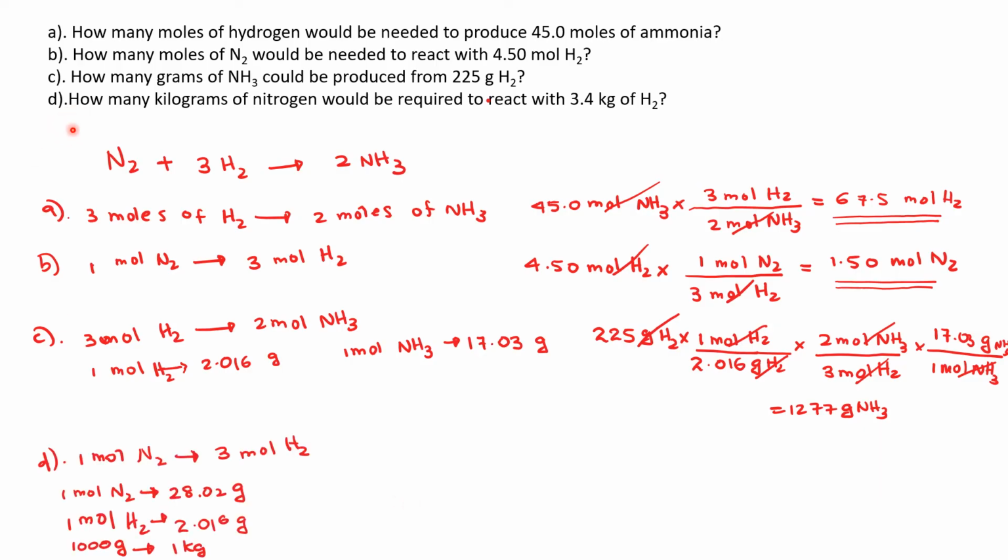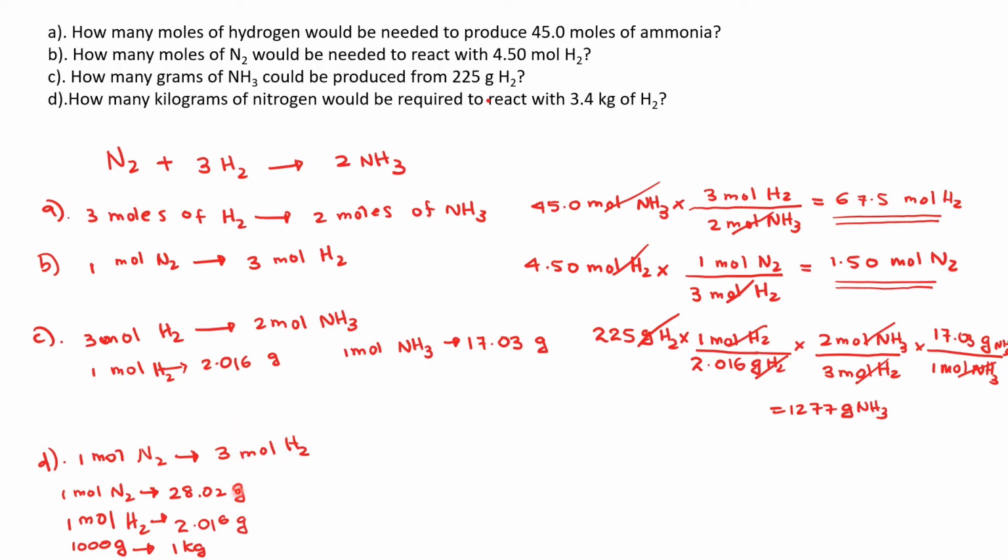Part D. How many kilograms of nitrogen would be required to react with 3.5 kilograms of hydrogen? Now we have to incorporate the grams to kilograms conversion as well. From the stoichiometric ratio, we know 1 mole of nitrogen is required to react with 3 moles of hydrogen.